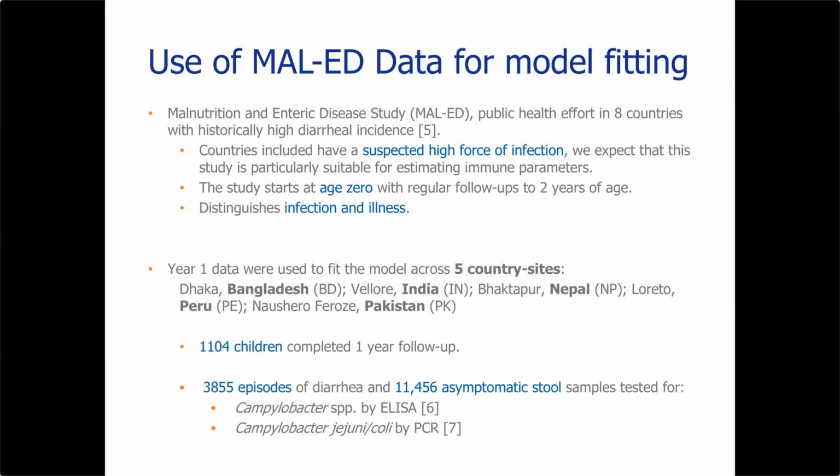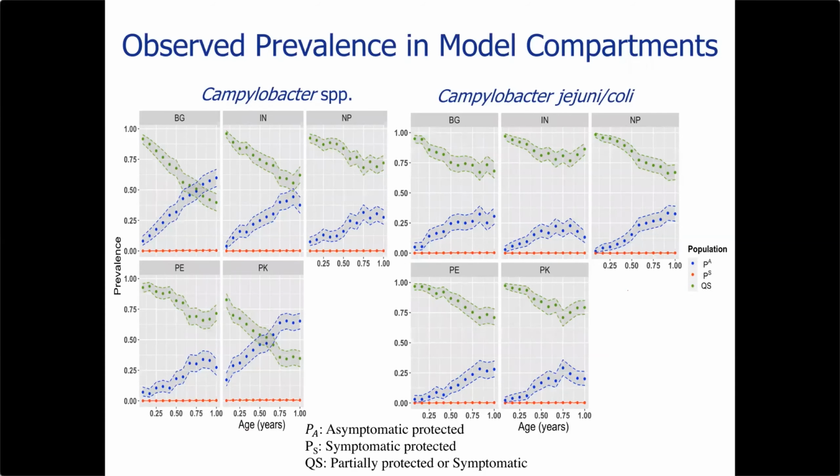We have almost 3,800 episodes of diarrhea and 11,500 asymptomatic stools, which were tested for Campylobacter species by ELISA and for Campylobacter jejuni/coli by PCR. When we fitted this data to our model compartments, we found what we were expecting: quite a fraction of the population was asymptomatically protected. You can see this by the blue dots, and there are the confidence intervals.